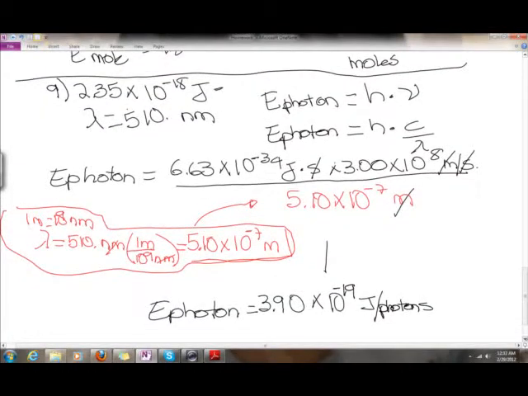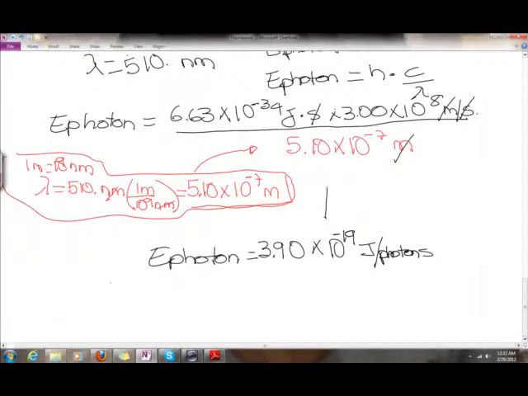Okay, so now energy per photon. What is the minimum amount of energy that the human eye can detect? It was 2.35 by 10 to the minus 18 joules. If we divide this energy by this energy for each photon, it tells us how many photons the human eye can detect.